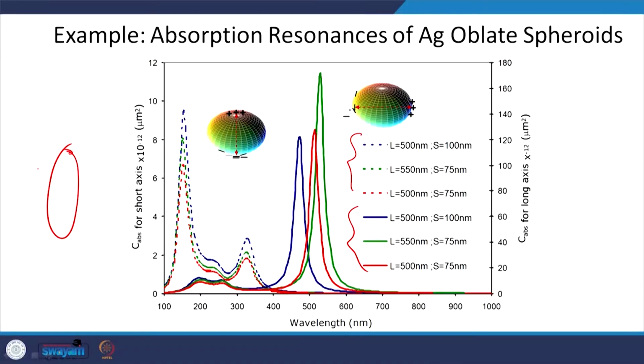So, if you have this nanoparticle and you want to excite only this LSPR, you shine it with this kind of polarization. So, it will not have the short axis resonances, but if you choose any random one, it can always be resolved in two components, horizontal and vertical, and then you can have both the resonances.